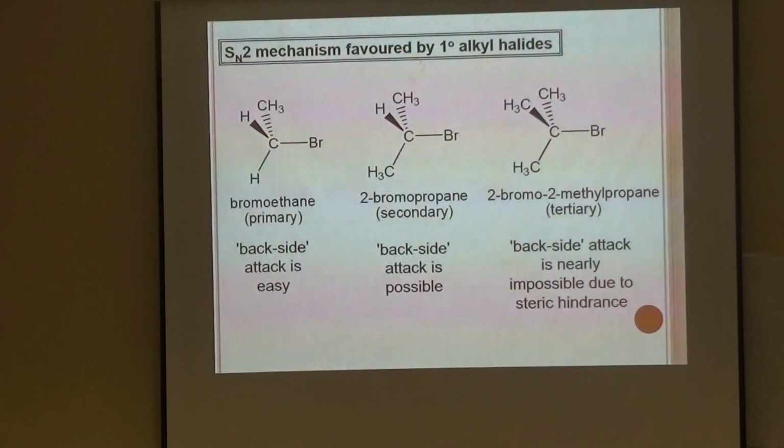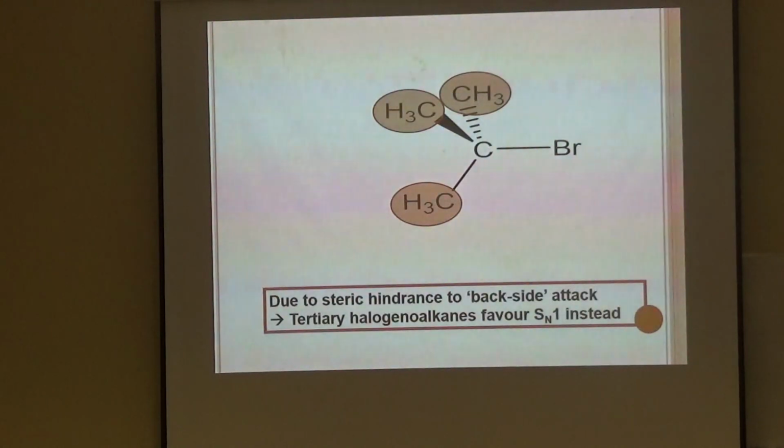It will be difficult for it to happen on a tertiary alkyl halide. Pictorially, if you missed me just now, let's look at it here. If I have 3 branches that all have a rather big electron cloud, it will be difficult for a negative OH minus, for example, to approach the carbon. So primary prefers SN2, but tertiary doesn't really want to go through the SN2 mechanism.